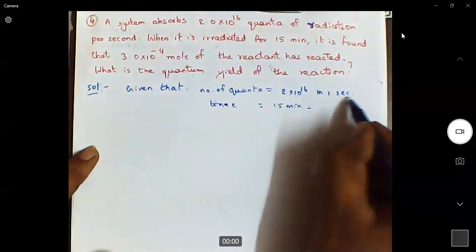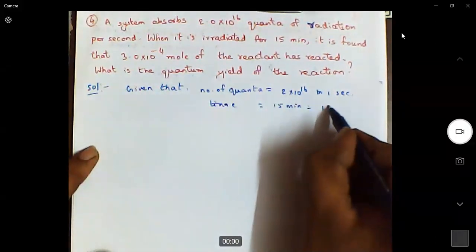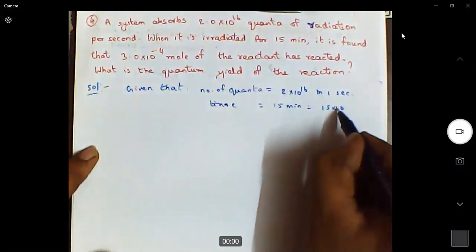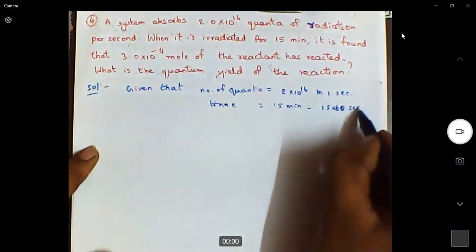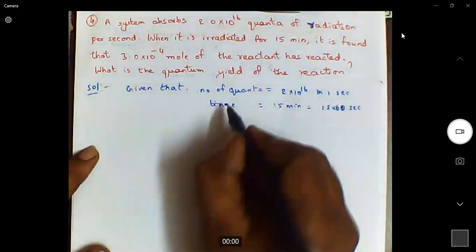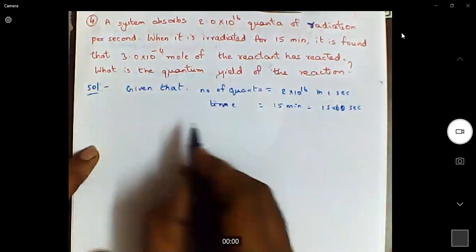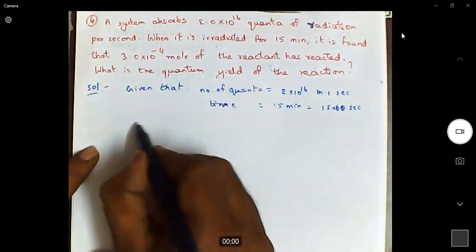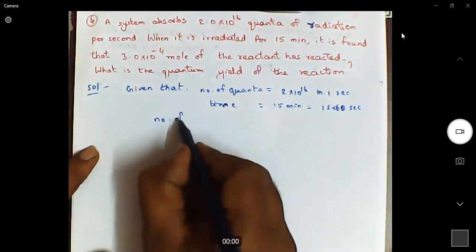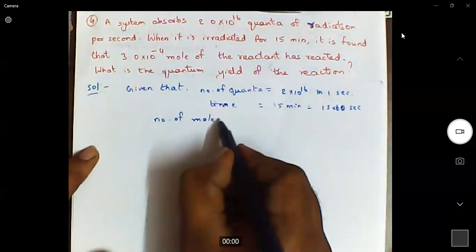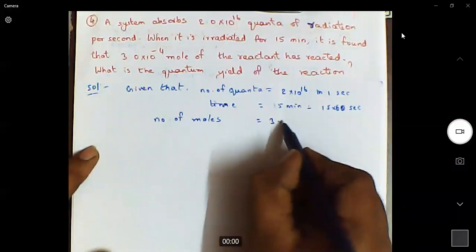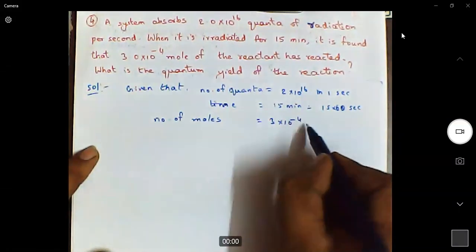We need to convert this into seconds. So 15 into 60 seconds. Now, number of moles absorbed. Number of moles is equal to 3 into 10 power minus 4 moles.